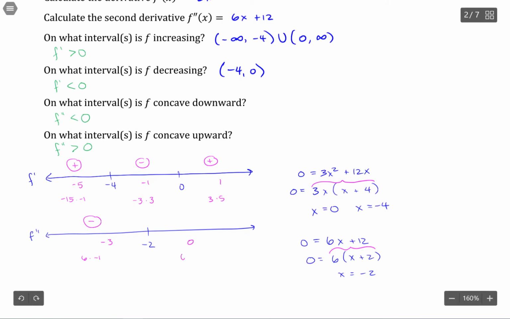If I plug in 0, it would be 6 times 2, and that's a positive value. So what that means is whenever I'm concave downward, the second derivative is negative. So on the interval from negative infinity to negative 2, and that leaves me to be concave up on the interval from negative 2 to positive infinity.